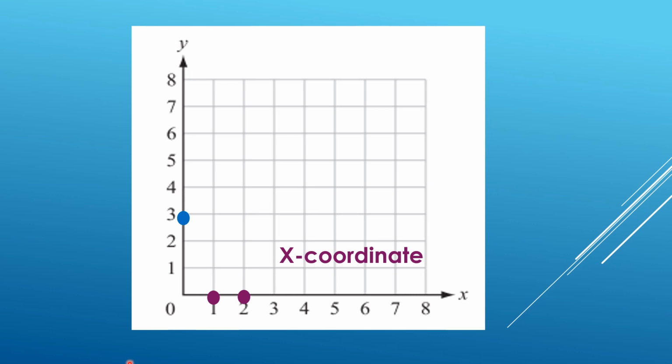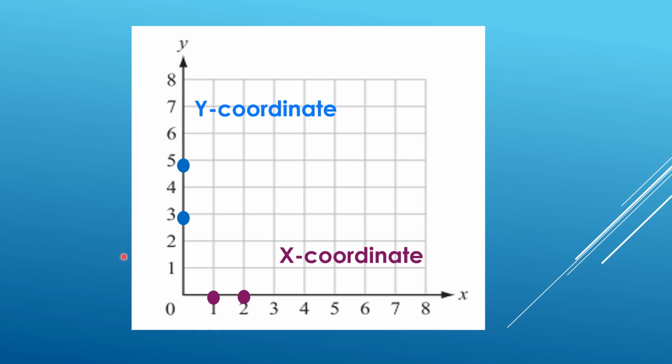I can place a point on 3, on 5. Now what do I call these points? Perfect, I call them y-coordinates. One point is a y-coordinate and 2 points are y-coordinates. So I have x-coordinates if I place them on the x-axis, and I have y-coordinates if I place them on the y-axis. So far so good.